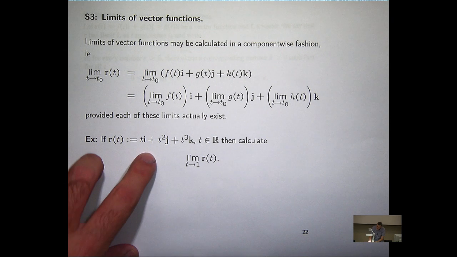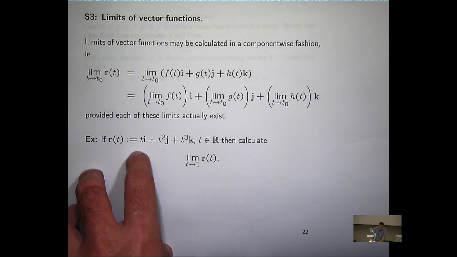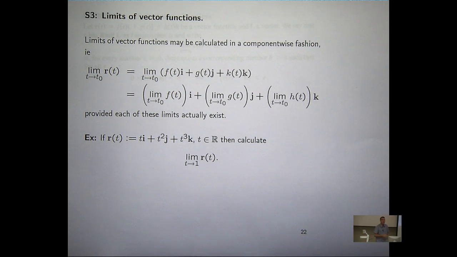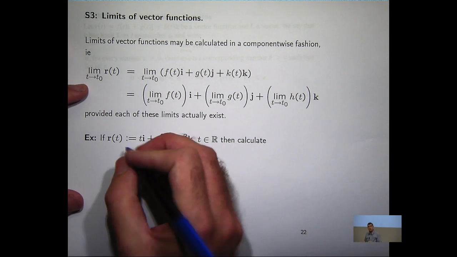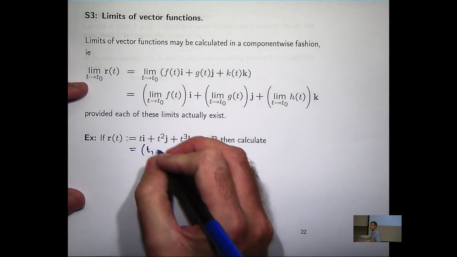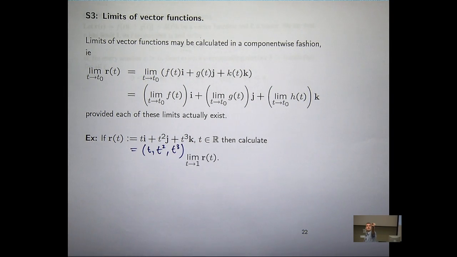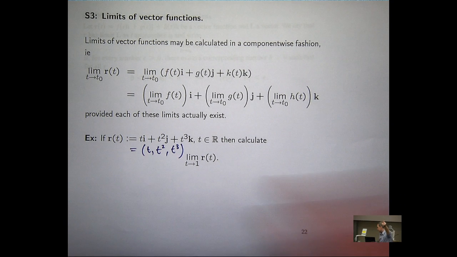So as a real simple example, let's consider the following vector function of one variable here. Calculate the limit as t approaches 1. Okay, so if I just want to write it out in the ordered triple notation, I'm just going to write it like that. Now the reason why I don't write out all the i's, j's and k's is because it actually takes longer.